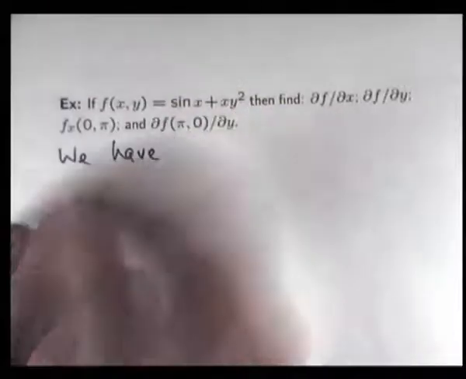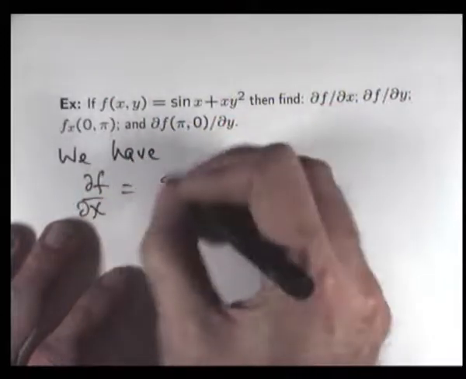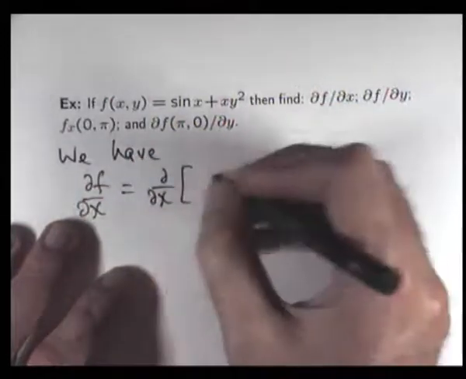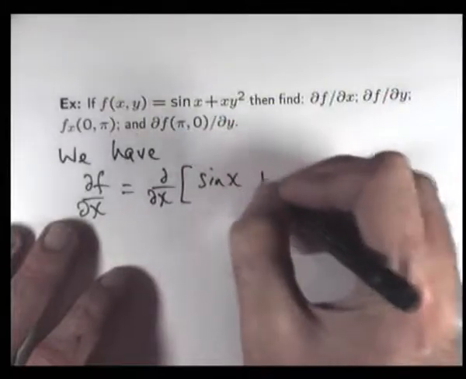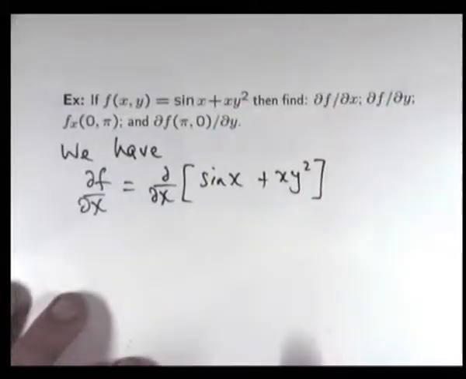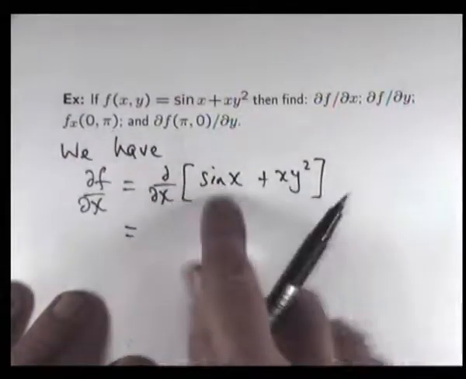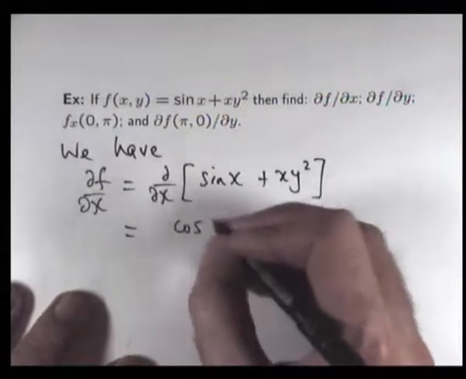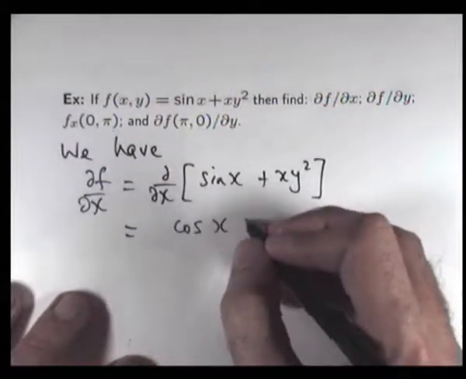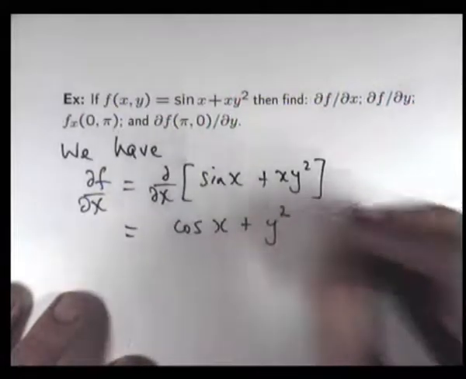So we imagine y is a constant and differentiate normally with respect to x. So that first term is going to go to cos x, and the second term is going to become y squared.